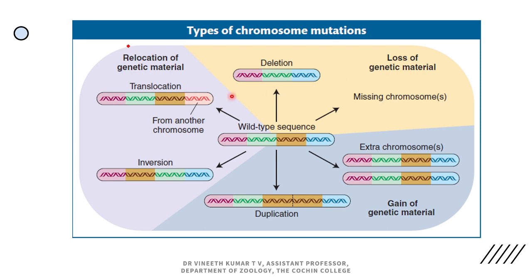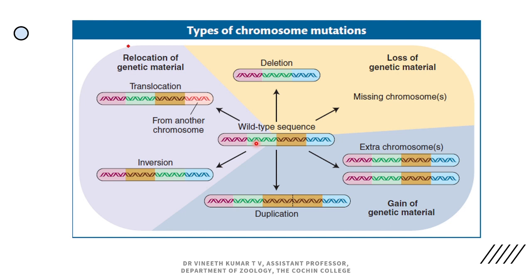The genetic material is either shifted to another location, or shifted to another chromosome, which is translocation, or it shifts its position, which is called inversion, or it becomes duplicated. So there is no loss in the three types of change in chromosome structure: duplication, inversion, and translocation. In deletion, you have a loss of genetic material. So we'll discuss one by one.